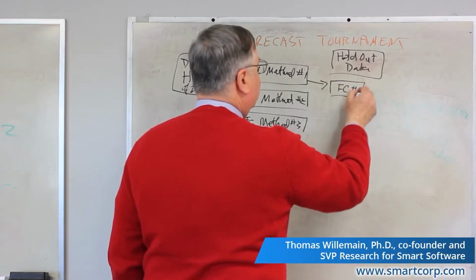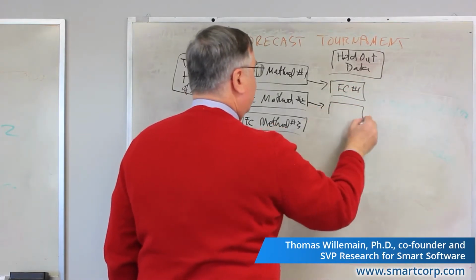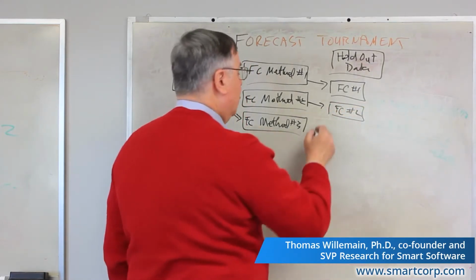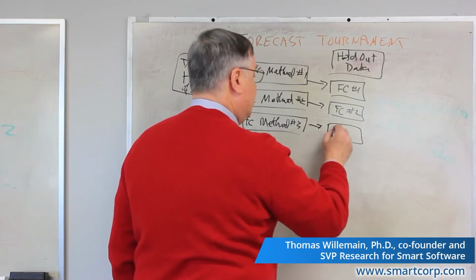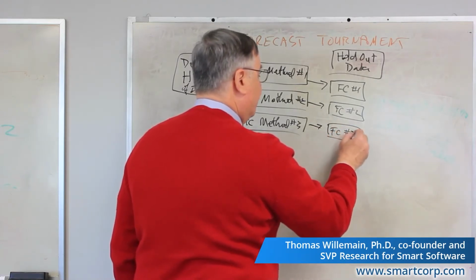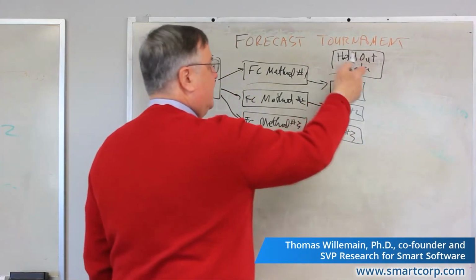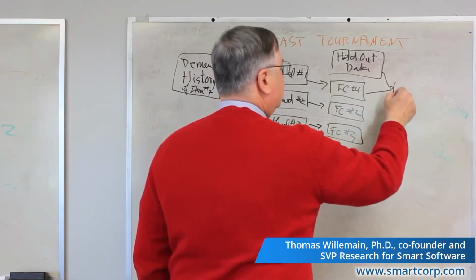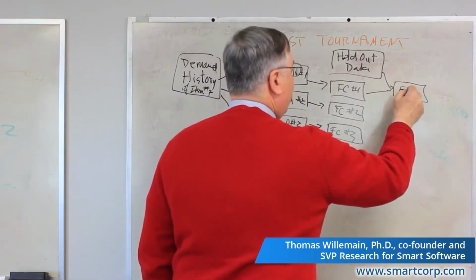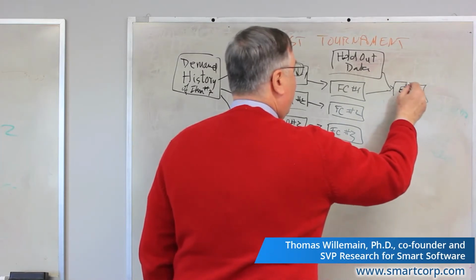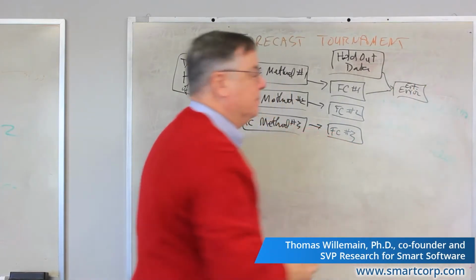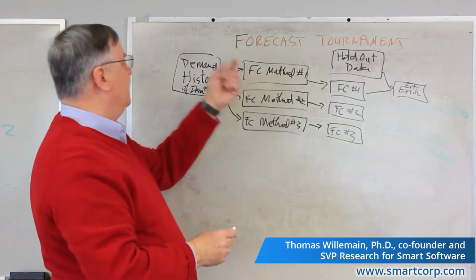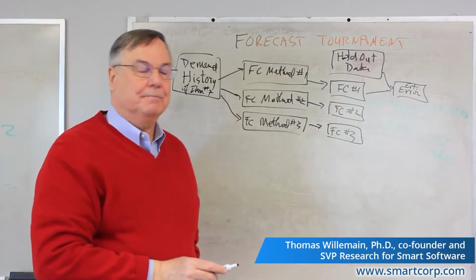And we're going to make a set of forecasts. Forecast method number 1, a set of forecasts for method number 2, and forecasts for method number 3. Each of these would be compared to the ground truth to provide us an estimate of the error that you would get using this method on item number 7.